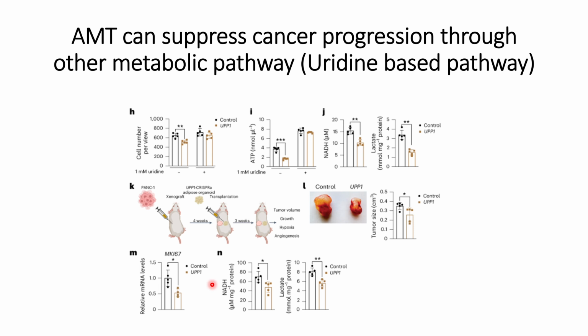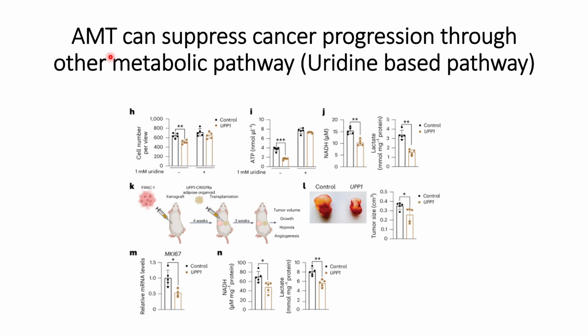And the other byproducts, that is NADH and lactate, these two also go down in the case where mice with these PANC1 tumors are co-cultured with the adipose in which UPP1 genes are upregulated, compared to the case where mice with pancreatic tumors are co-cultured with the organoid in which VP64 gene is upregulated.